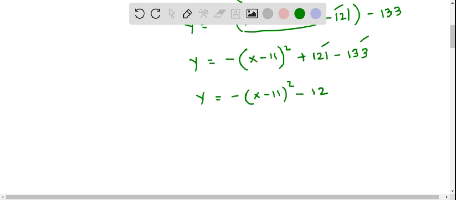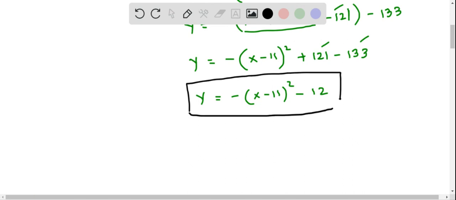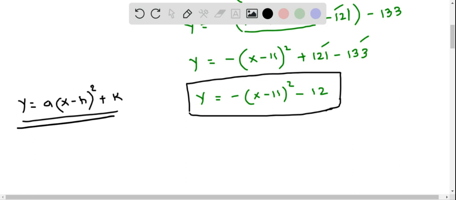Now this is in the standard form, and this basically represents the equation of a parabola. We can write its standard form as y equals a times x minus h quantity squared plus k. When you compare this equation with the standard formula, we can determine that the vertex of this parabola is h comma k. So here it is 11 comma negative 12.